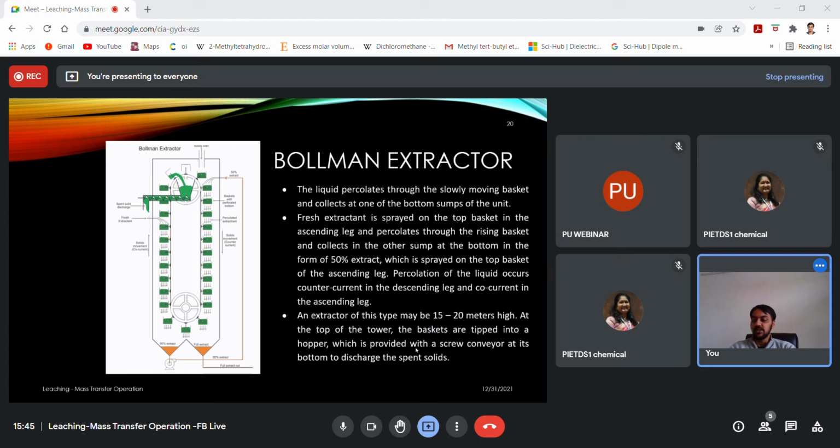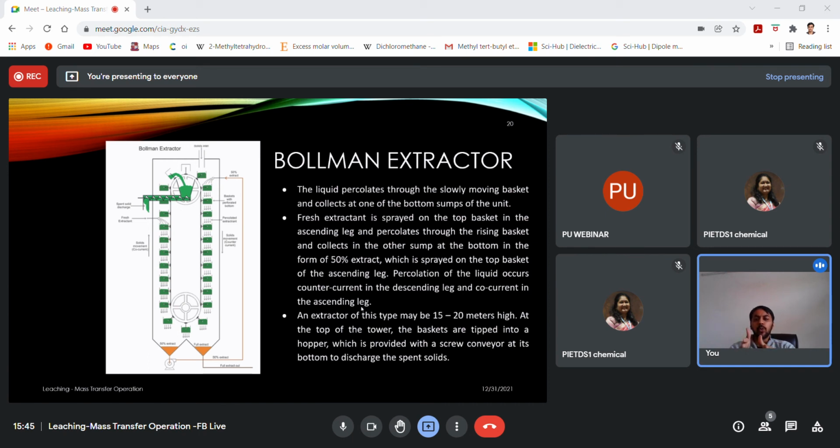The percolation of the liquid occurs countercurrently in the descending leg and co-currently in the ascending leg. So this way, from one side it is countercurrent, on the other side it is co-current.